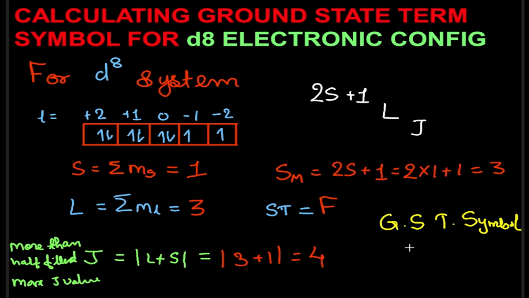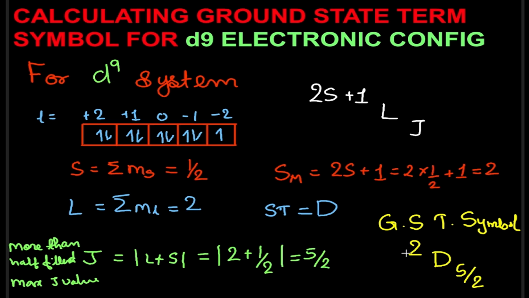So the ground state term symbol for the d8 system will be 3F, a triplet F, 4.